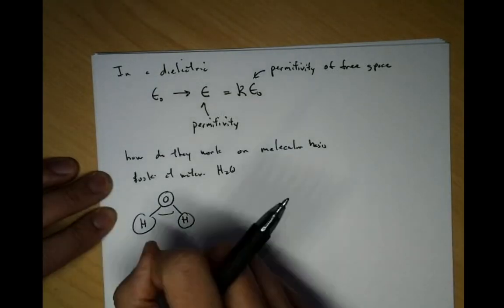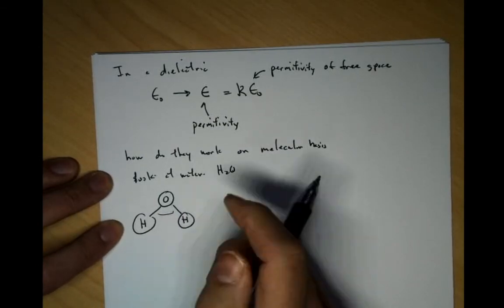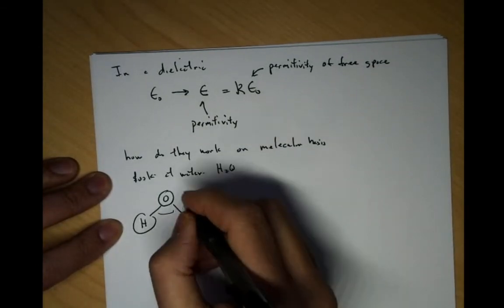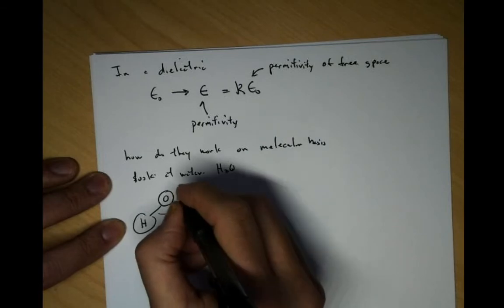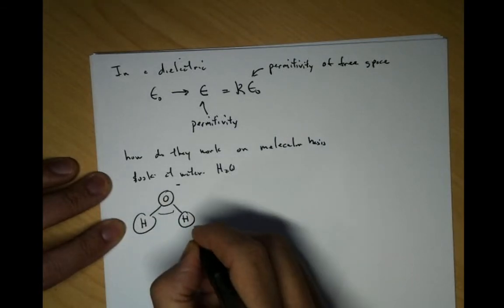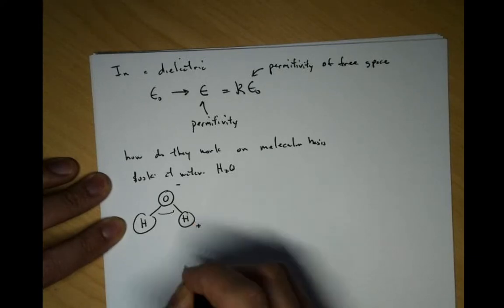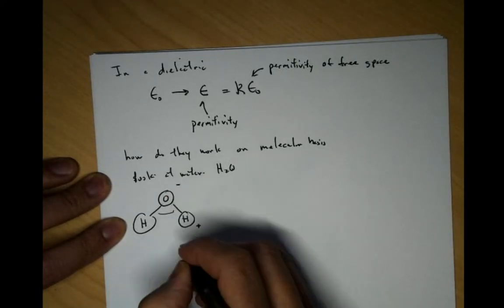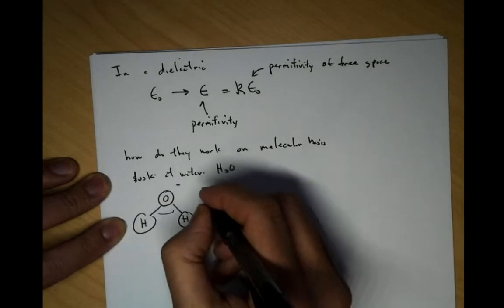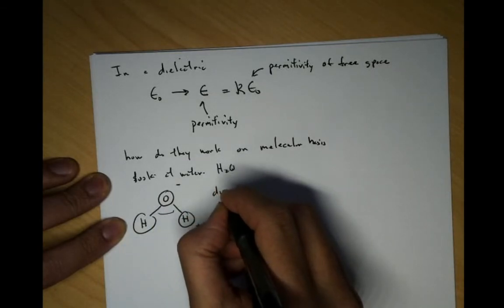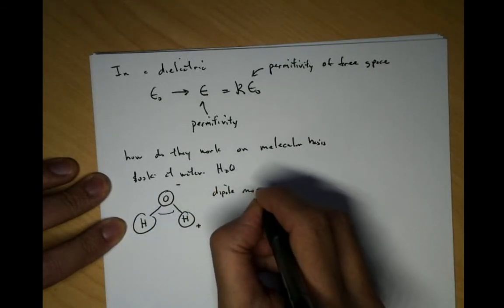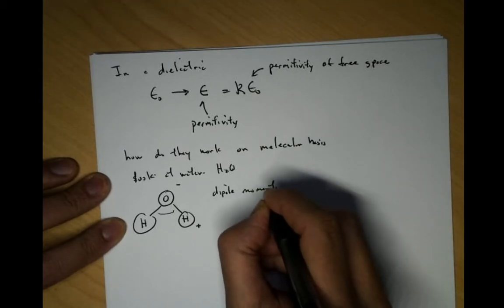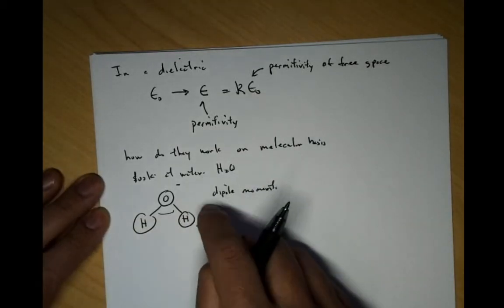It's actually a little larger than 90 degrees, but it's almost 90 degrees or so, right? So what happens is that electrons are bound more strongly to the oxygen atom, so that makes this slightly negative, and less strongly to the hydrogen atoms, which makes this slightly positive, right? So what that means is that this has a dipole moment. Okay? This is the intrinsic dipole moment of a water molecule.